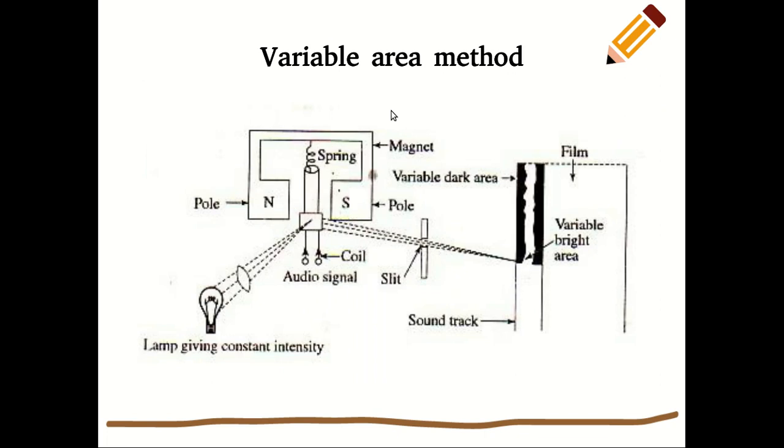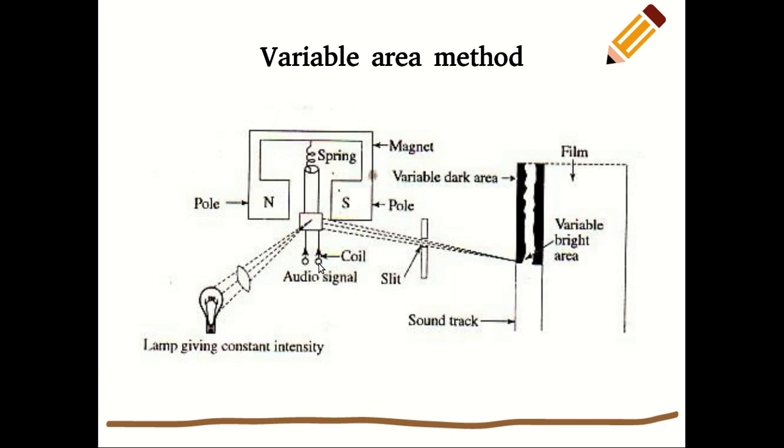Now let's come to the variable area method. In this variable area method, light of constant intensity falls on the slit. But the audio signals coming out of a microphone, obviously amplified audio signals, are given as an input to the mirror galvanometer. This circuitry is nothing but a mirror galvanometer circuitry.